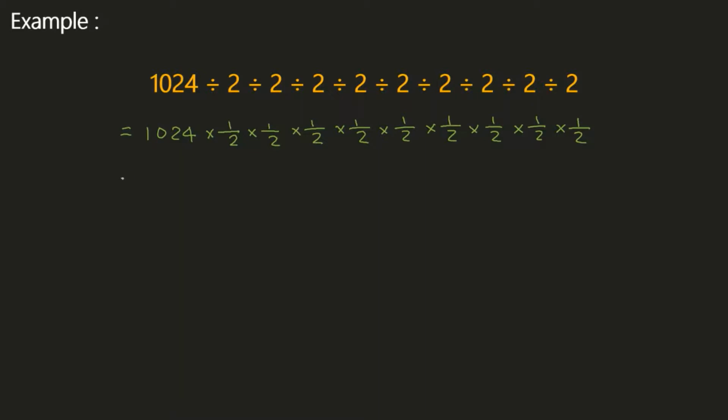In the next step, we're going to group all of these 1/2 together using associative properties and compute that first. So this becomes 1024 multiplied by 1 over 2 times itself 9 times.